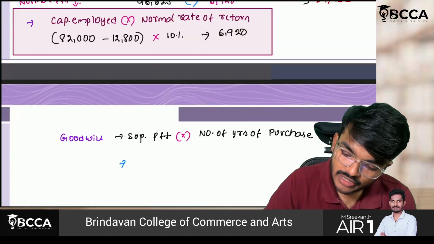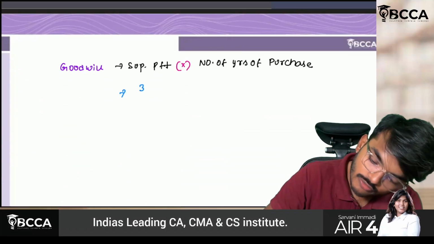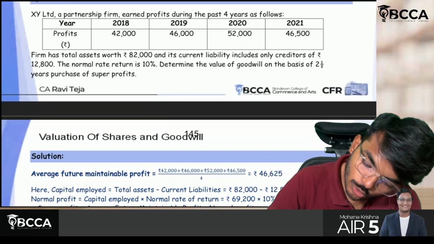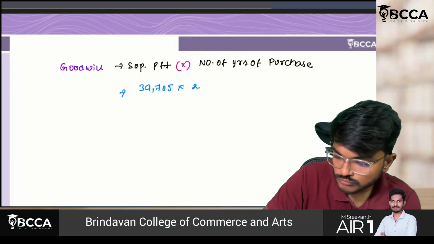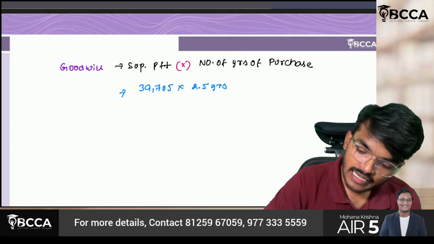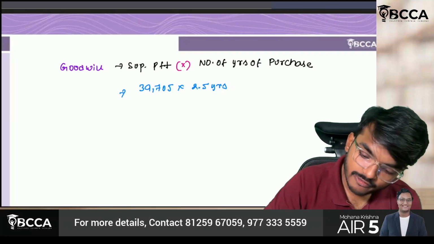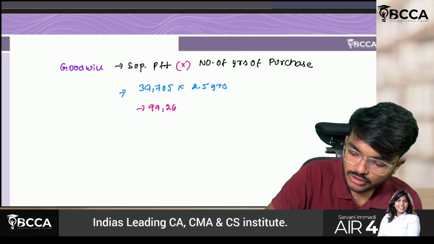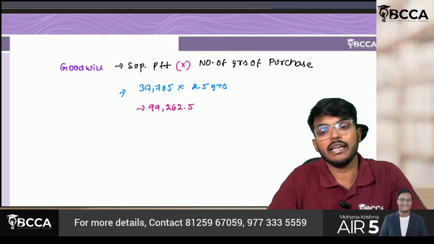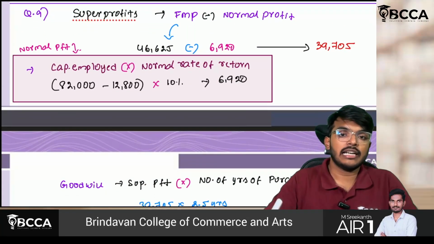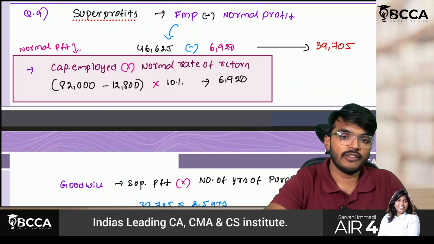My super profit is 39,705, multiplied by 2.5 years, which gives 99,262.5. 99,262.5 is my goodwill. I hope this question is also pretty simple.